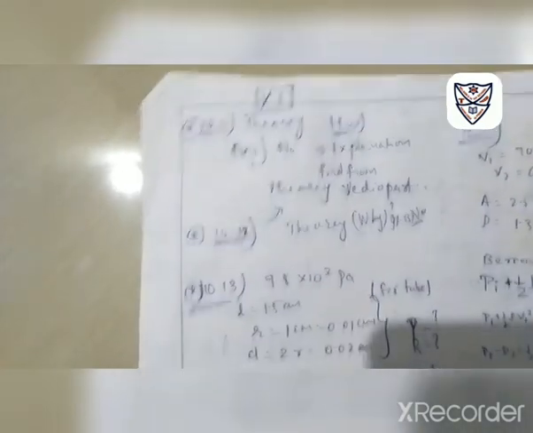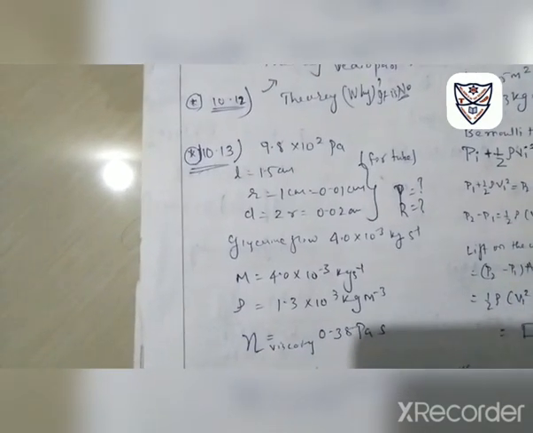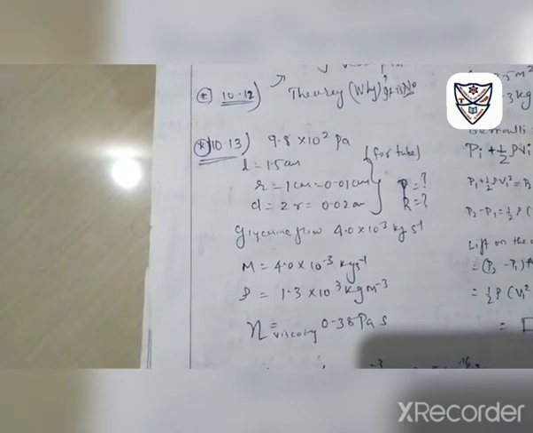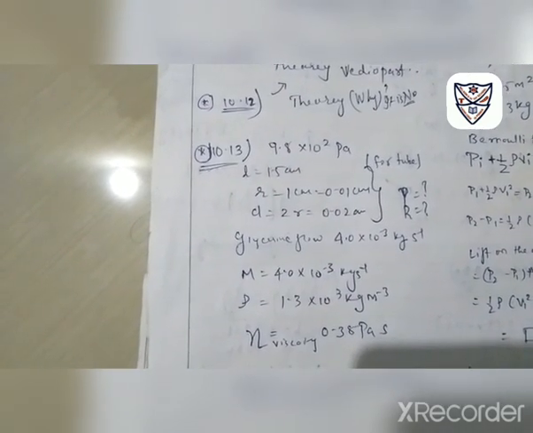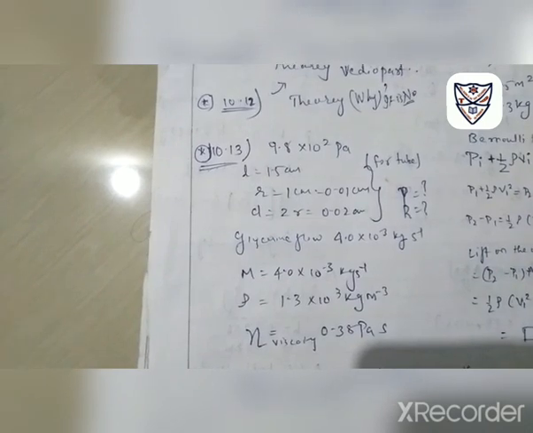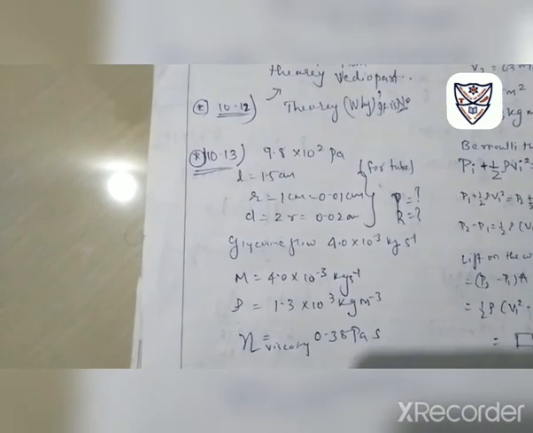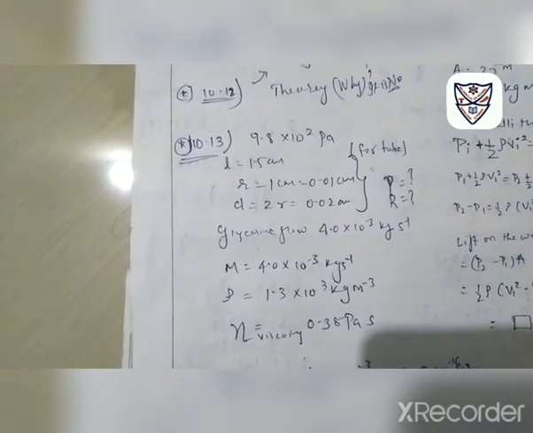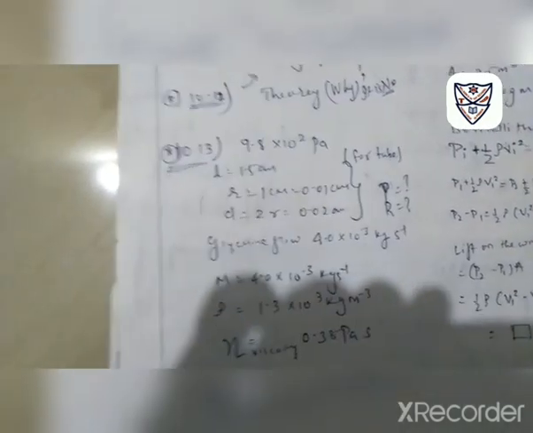Now the next one. Here they have given you a pressure in Pascal. They've provided you L, R and D, that is length, radius and diameter. Diameter, if we have calculated it from the given radius, you have to find the pressure and the Reynolds number.